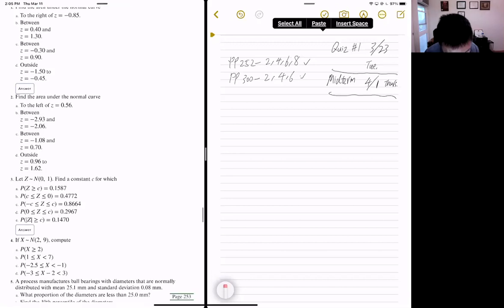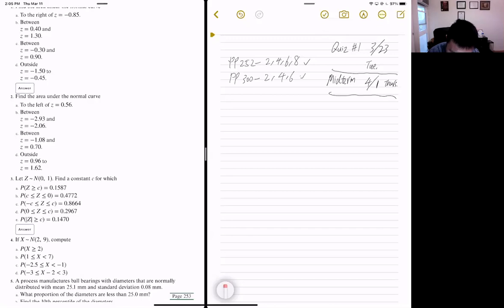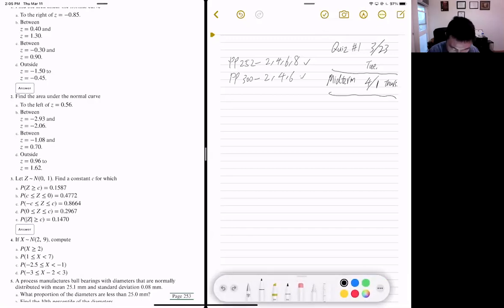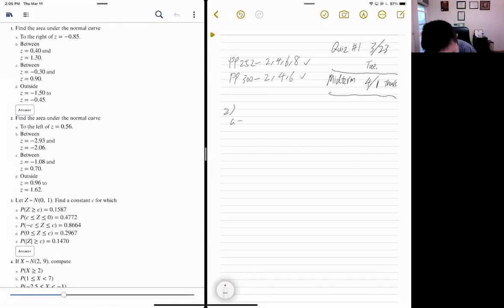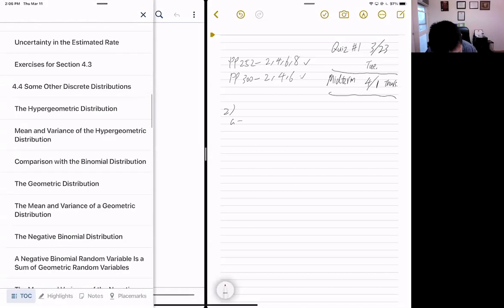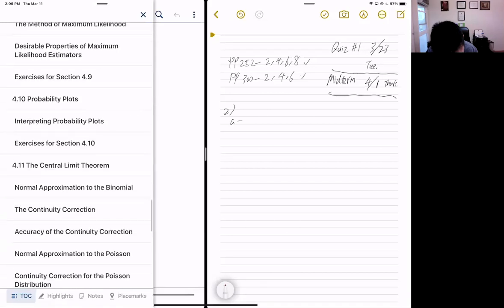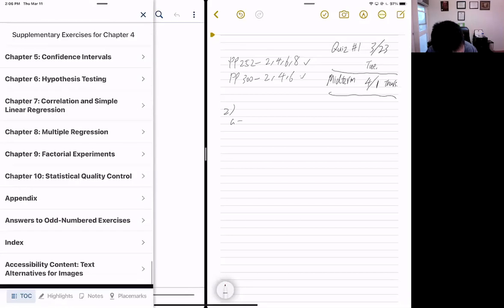All right, so find the area under the normal curve. Part A is to the left of Z, 0.56. Again, refer to table 8.2.